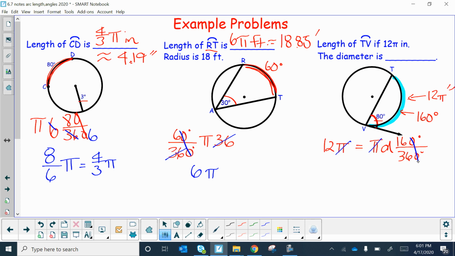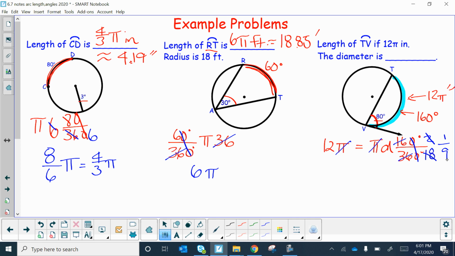I'm going to reduce this to be 16 over 36, which reduces because both of those are even. Let me double check that.